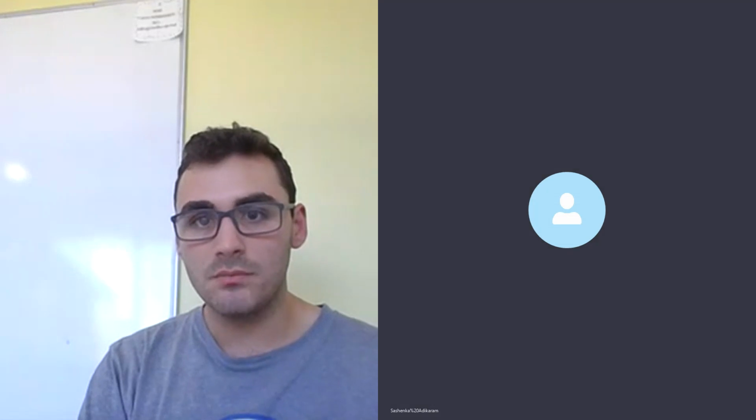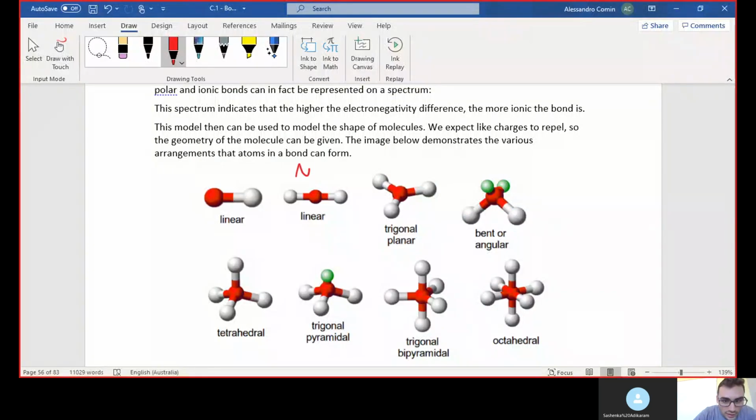So the only way something can actually be linear is if there are no electrons free. No electrons free here, because these are electrons, those little green balls. And as they're electrons, they're going to repel these, which are also negatively charged, aren't they?